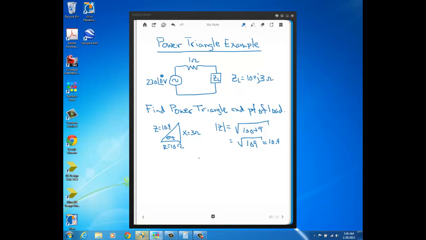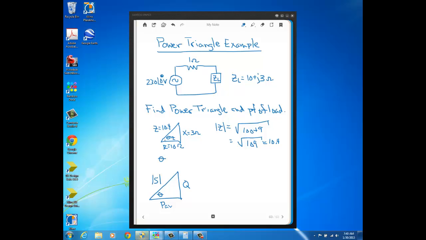Okay, and as we discussed earlier, theta of the power triangle, if we write the power triangle down here, this theta is the same theta as theta z, right? In the power triangle, P average is the adjacent side, Q is the opposite, and then apparent power is the magnitude of the hypotenuse.